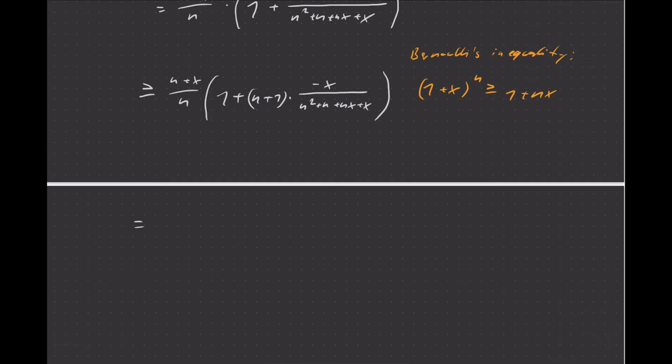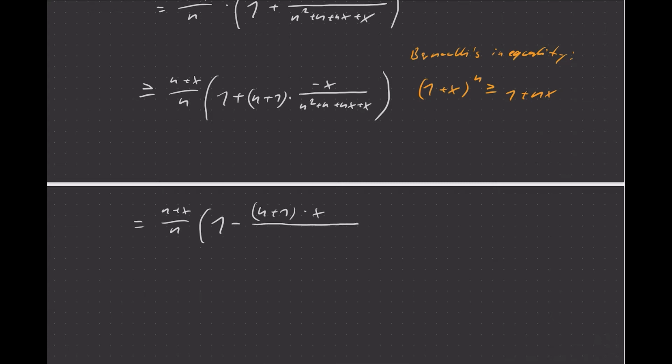So again, we copy the first part. Let's have a closer look at that second part. What we can do here is, of course, move out the minus sign. This one here, we take that here. And we take that n plus 1 into the fraction. So we get n plus 1 times x.